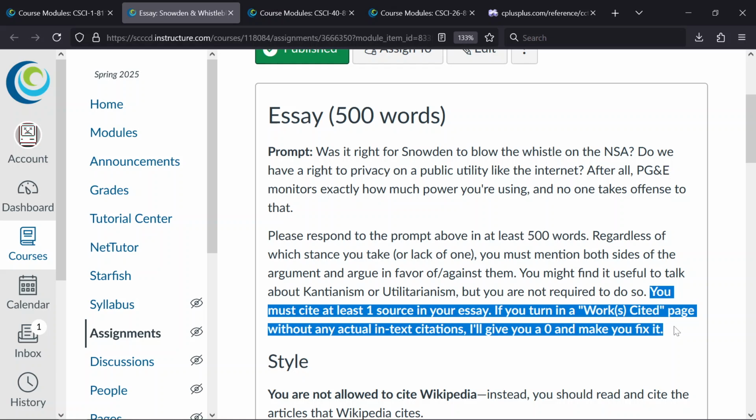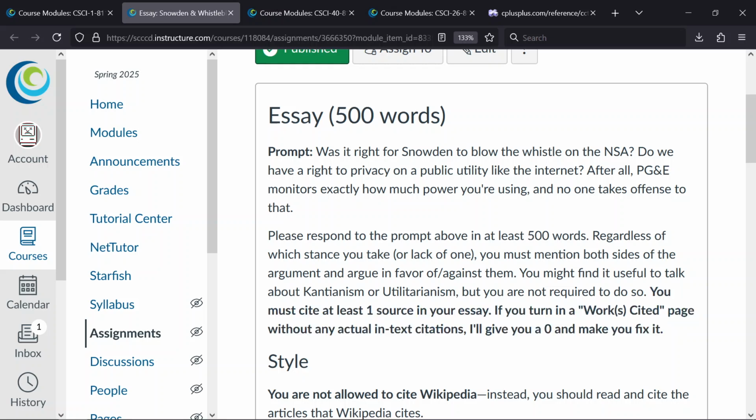And then you put some parentheses or whatever way you're using to cite, and then you say the source. Does that make sense? We're all aware that that's how you cite sources, yes? It's what you must do, right? What you cannot do is just turn in a works cited page and put a URL on it and never even mention that source in your essay, okay? Do not do that. I will give you a 0 and make you fix it.